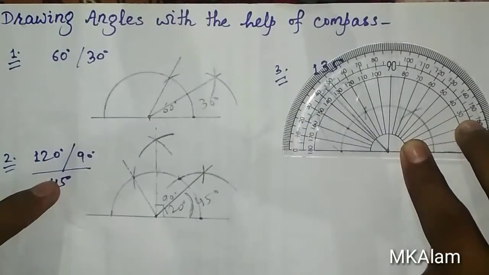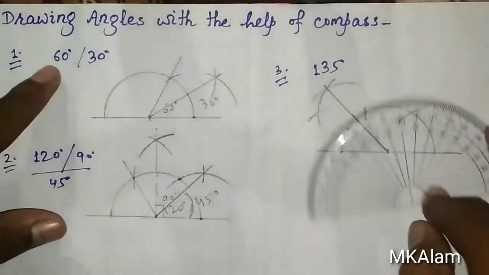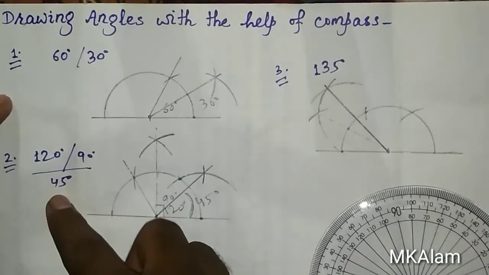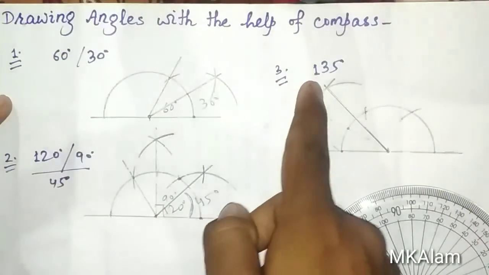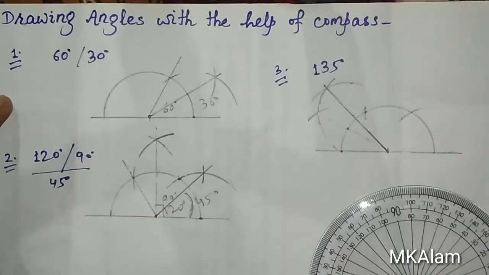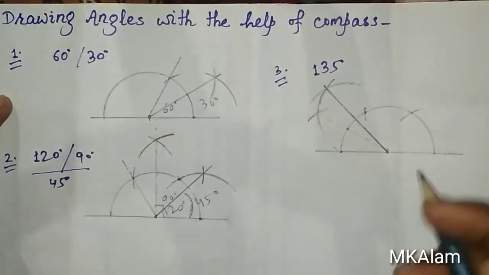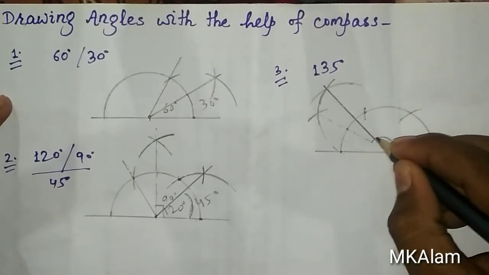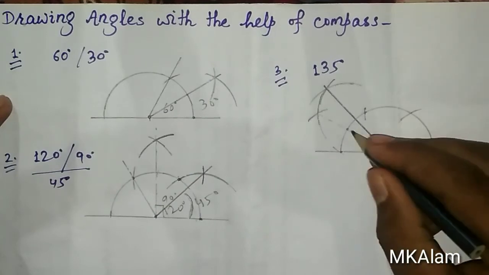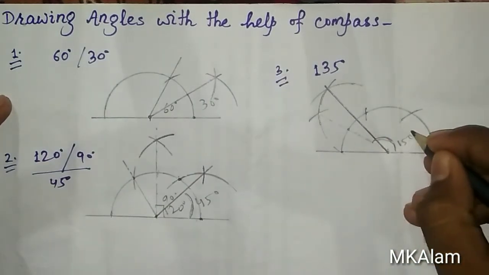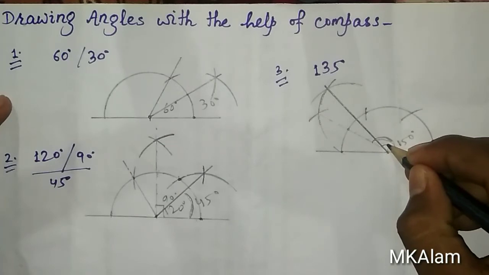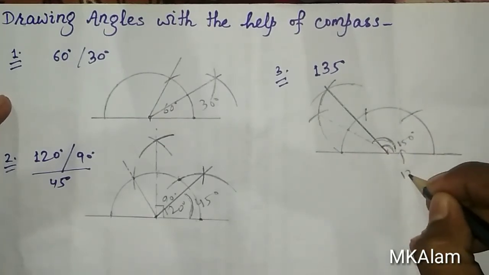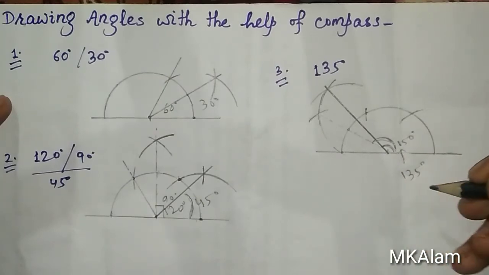So you can try how you can draw 60 degree angle, 30 degree, 90 degree, 45 degree, 120 degree, and 135 degree. And you have also learned that this is your 150 degree angle from here to here. I am taking this dotted line, so this is 150 degree, and if you take this line, then you have a 135 degree angle. This is very easy.